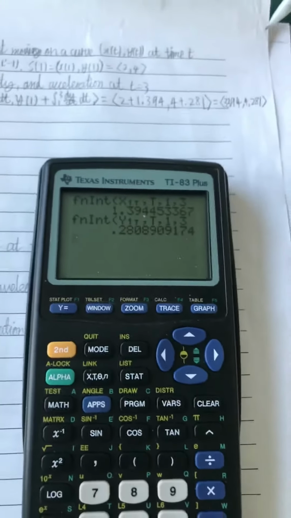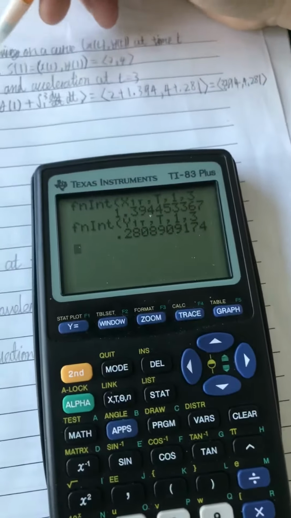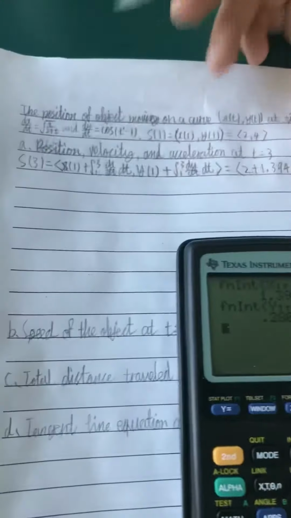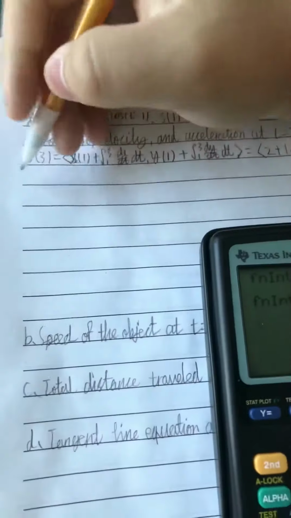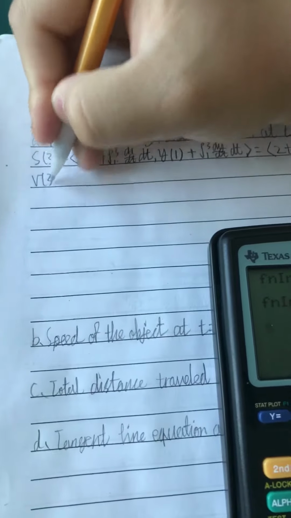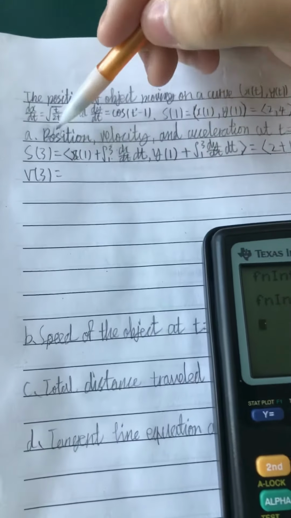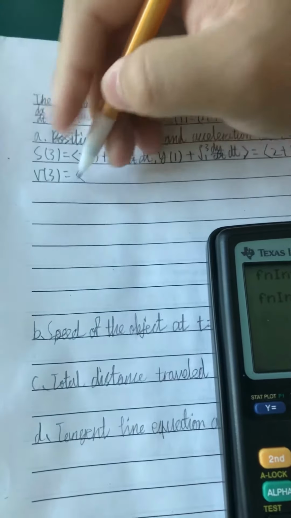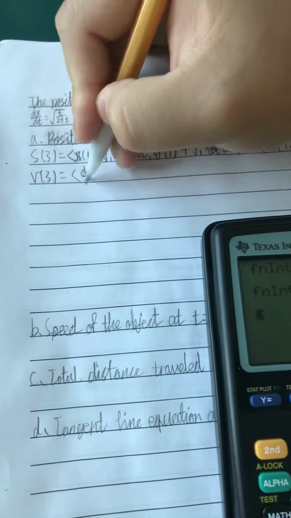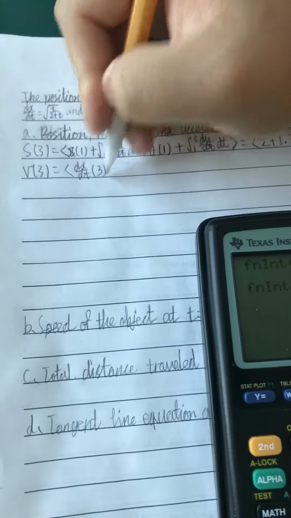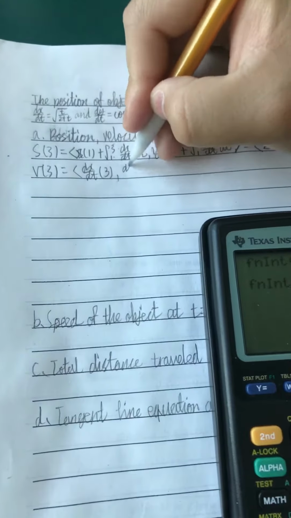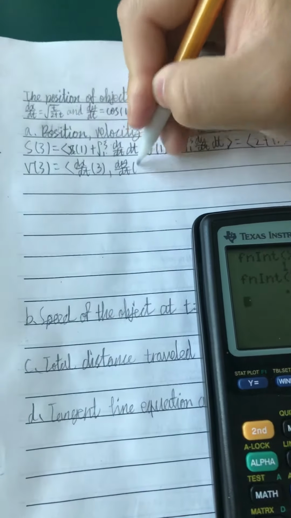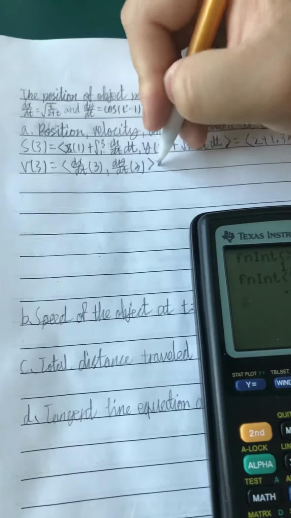Okay. So now let's look into the velocity. V3 is basically dx/dt at 3 and dy/dt at 3.